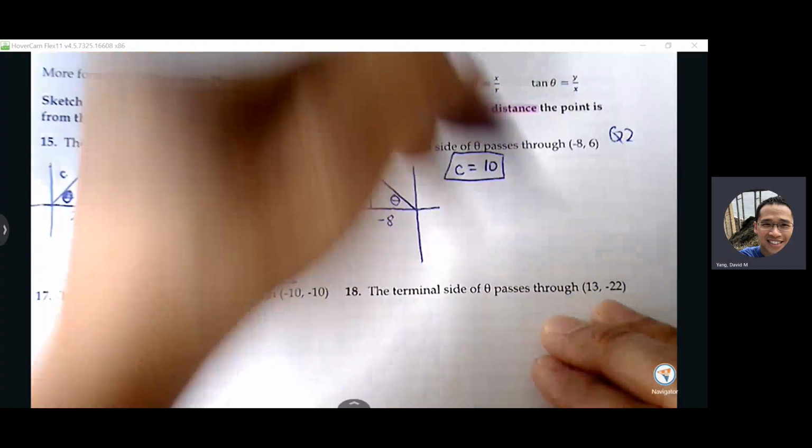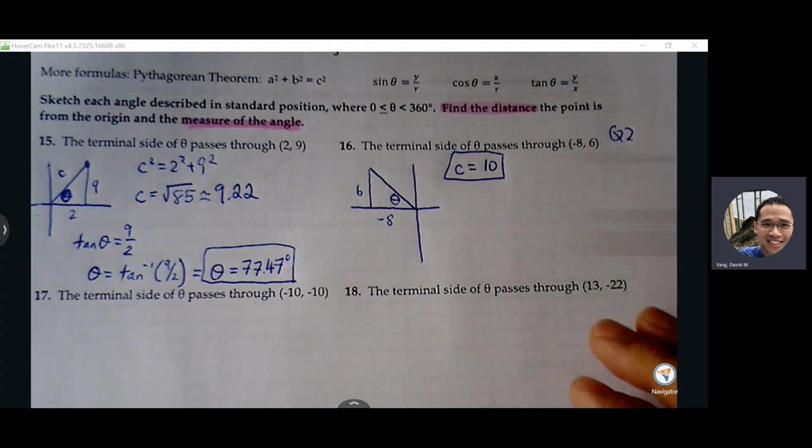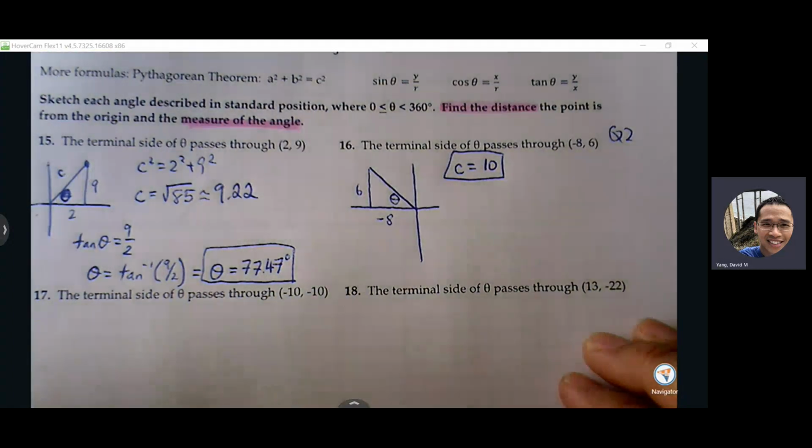A squared plus b squared equals c squared. My hypotenuse is 10. Again, I'll involve a tangent.